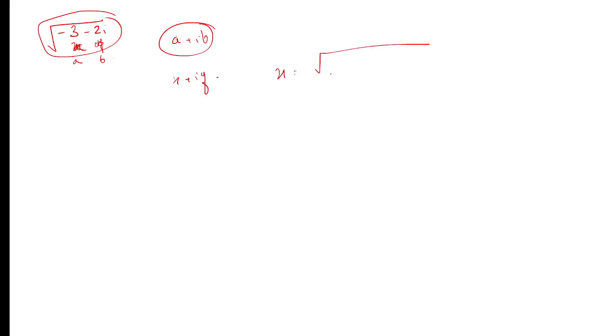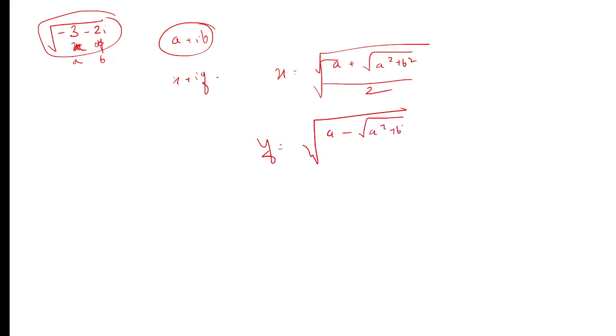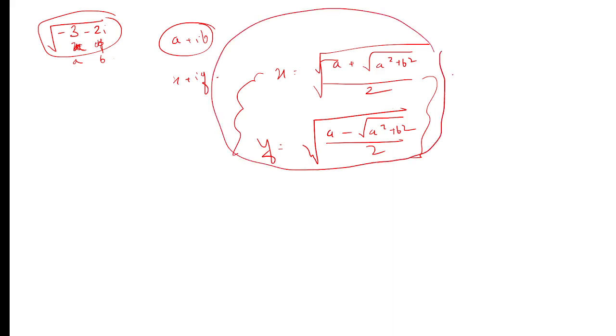So x is given by a plus the whole root by 2, and y is given by this. So I request you to check these two formulas. You will get the formulas in HK Dass or some other book. You can do a Google search. Check the sign and the orientation of this, and you may comment whether it's written right or wrong.